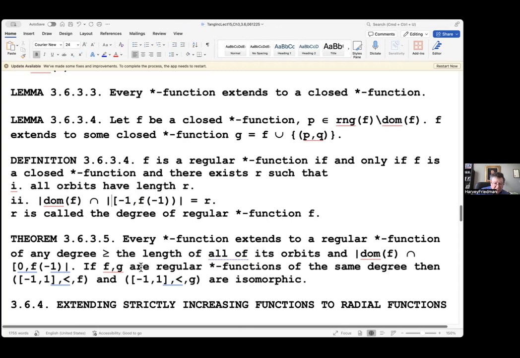They're always isomorphic. Yeah, so any two of these are going to be isomorphic if the number is R for both.